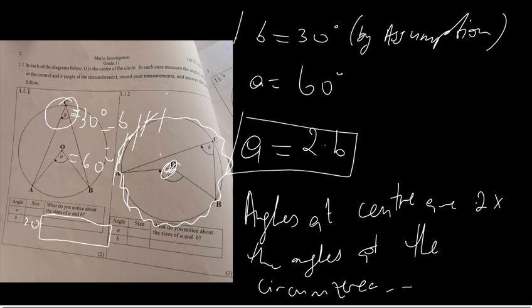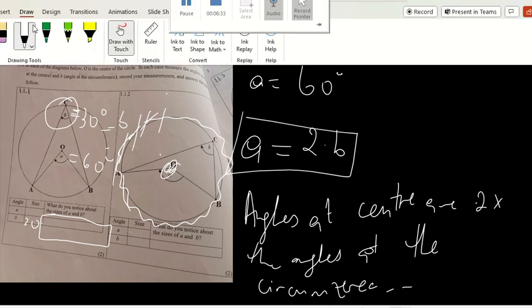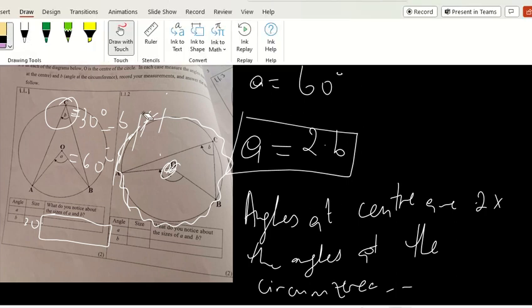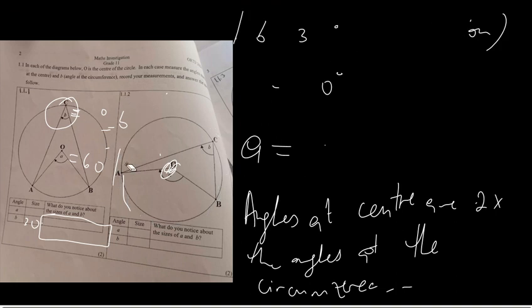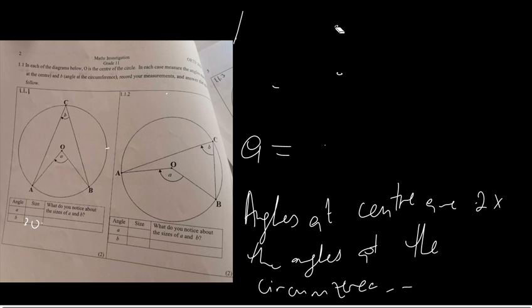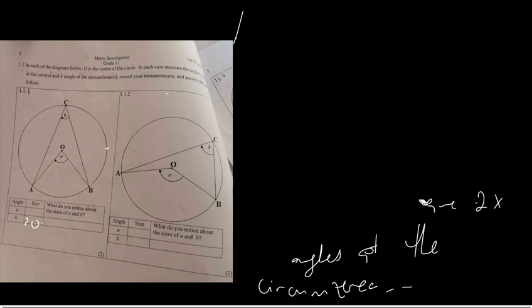So here on this investigation, they are only investigating for this law that states that angles at center are always 2 times the angles at the circumference. So I don't think your angles are 30 and 60. I don't think you have that. Maybe you have, let's say, 25 comma something.